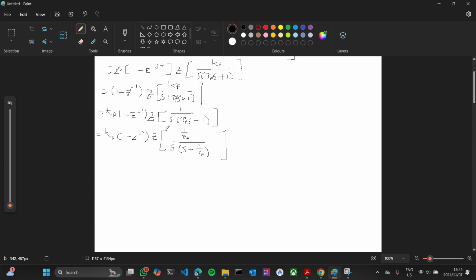Now, what do we need to do in order to simplify this? We need to use partial fractions.